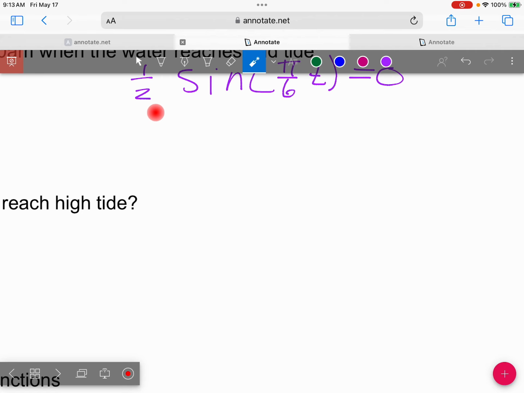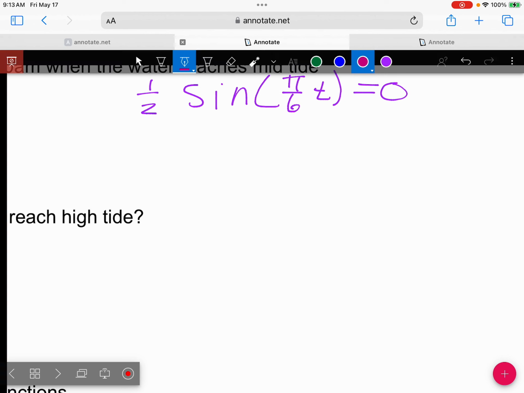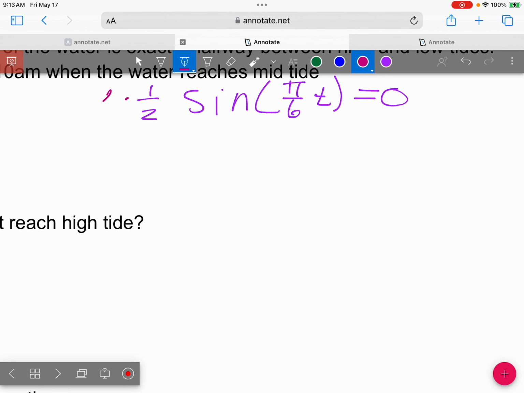What do I need to get rid of first? The 1/2. We're going to get rid of that by multiplying each side by 2. So we're going to have the sine of pi over 6 t. 0 times 2 is still 0.